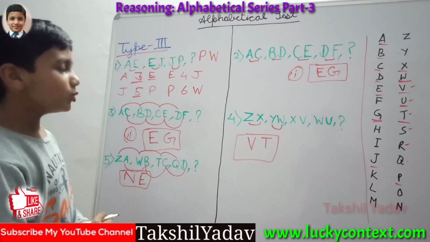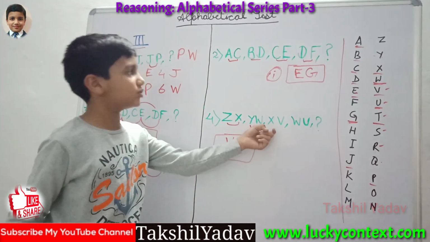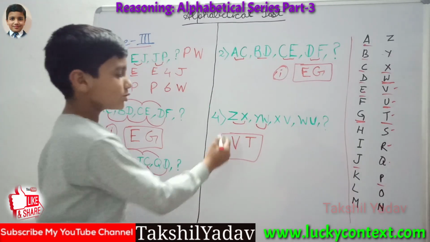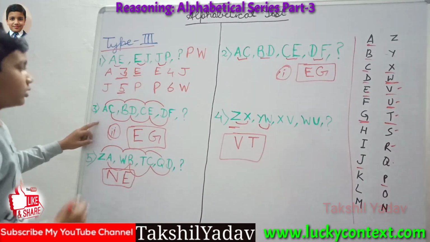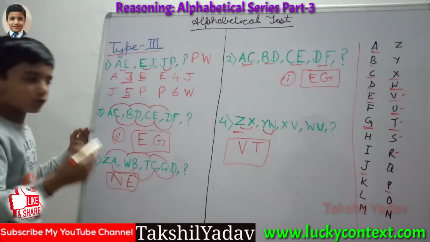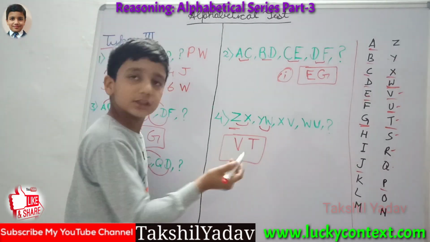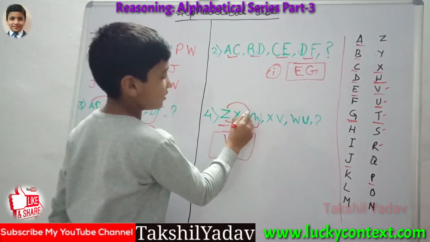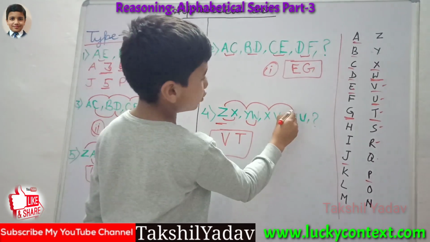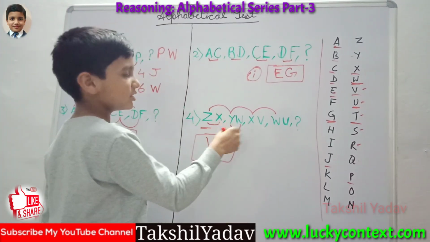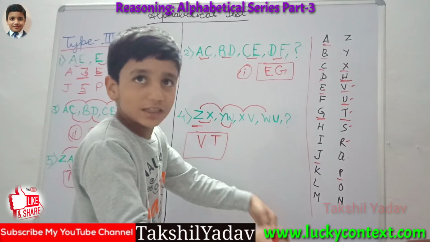And I know you must have noticed that this question was like the earlier one. So we can also solve this with this method of the relationship of the letters as per their position. Here I am solving this question: Z, Y, X, W. So here these letters are constantly decreasing in number.